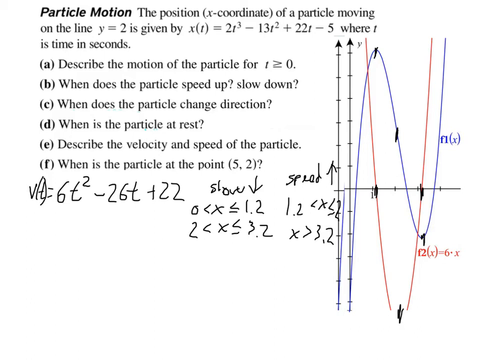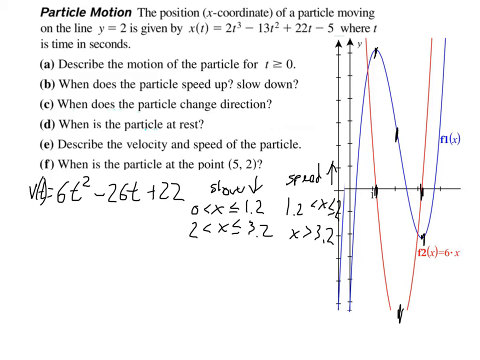So it's going in the positive direction, and then it goes in the negative direction during this whole point, and then in the positive. So the two places it changes are here and here, thinking about the velocity. It's really easy to see with the velocity, a little harder to think about, but it does make sense with this. If it's going from left to right to us until it hits this point, then it's going right to left until it hits this point, and then left to right again. That's how we look at that.